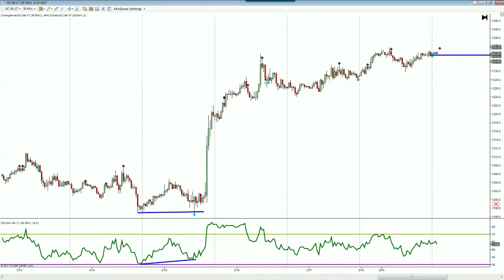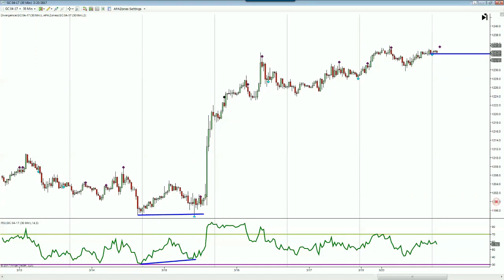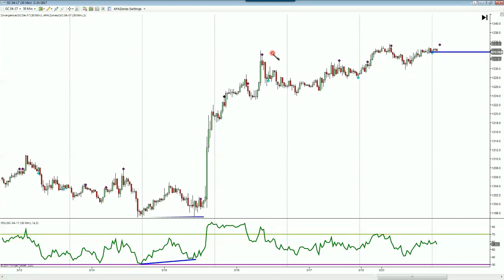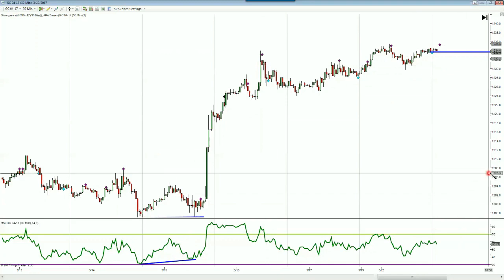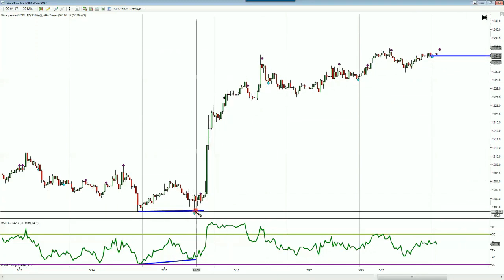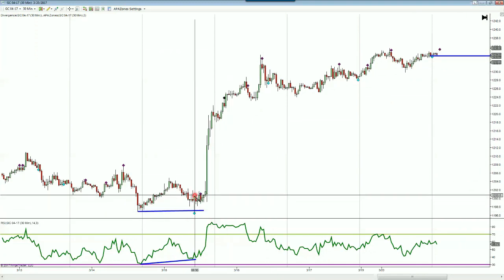So as we look to incorporate this into a usable trading methodology, one of the setups that I really enjoy using this on is, let's just say that we see price doing this down here at the bottom in our current example.